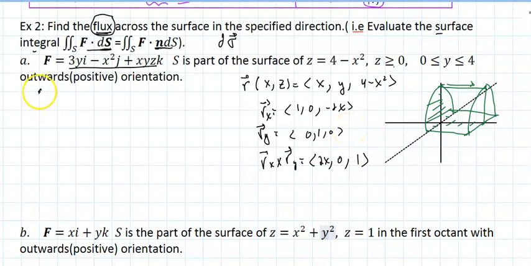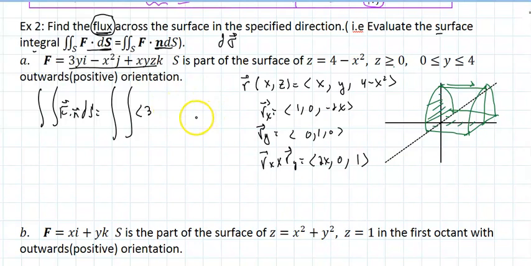Okay, so how does that work? The double integral of F dot n dS is going to be, let's see how that works. I'm going to take F. F happened to be 3y, negative x squared, that's fine, and xyz, that is xy, and in place of z, that's the only substitution I have to make.